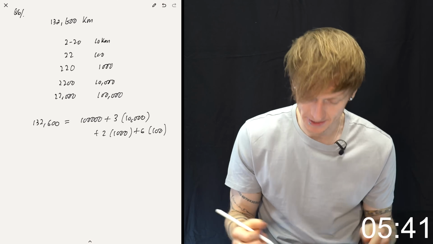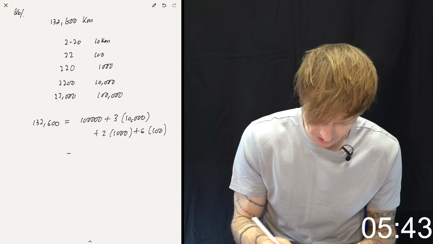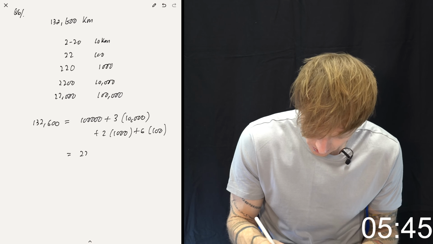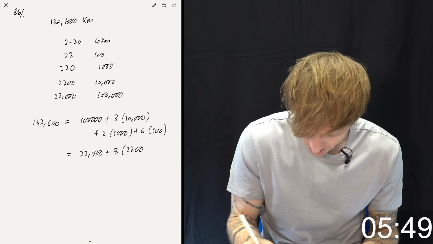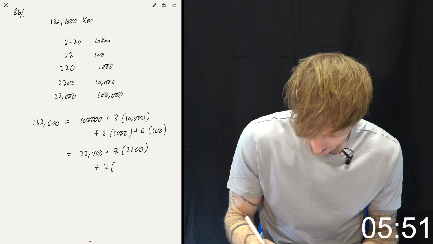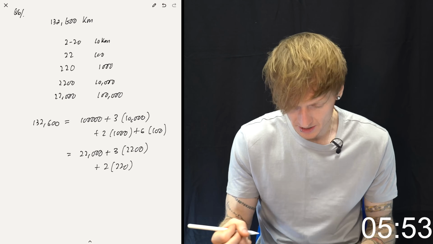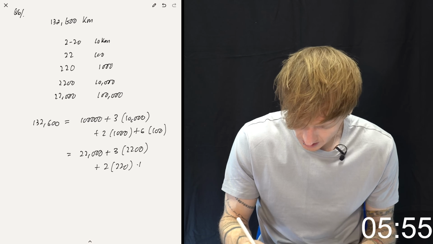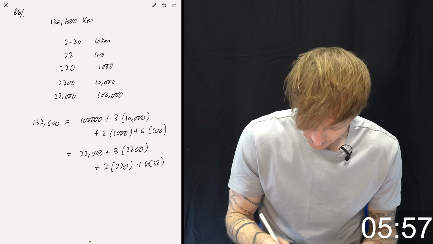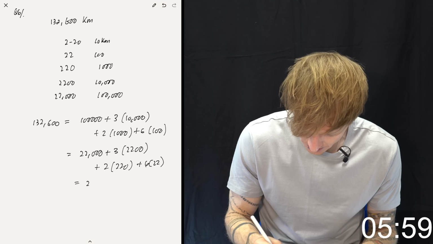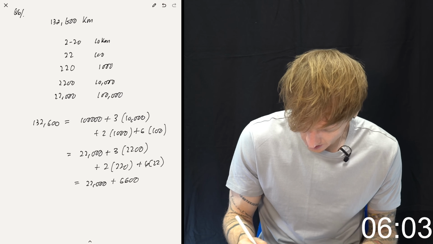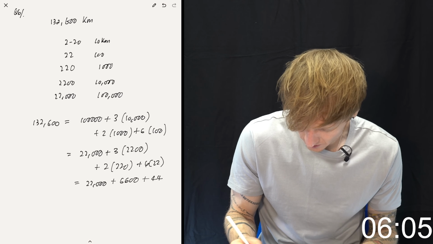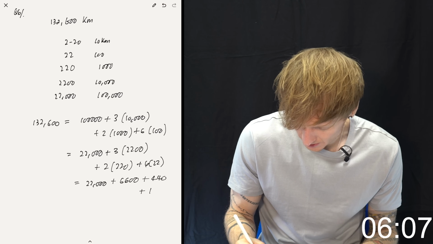So split that up into the costs. So 100,000 is 22,000 plus 3 lots of the 10, which is 2,200, plus 2 lots of the 1,000, which is 220, plus 6 lots of the 100, 6 lots of 22, equals 22,000 plus 6,600 plus 440 plus 132.